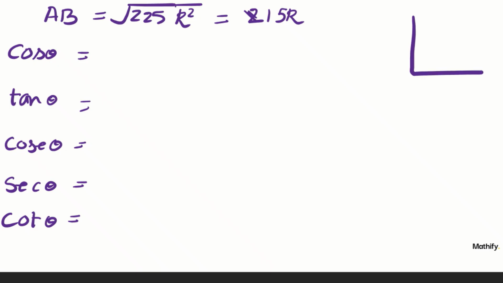So according to the figure, in triangle ABC, this side is 8, this side is 17, this side is a multiple of 15.